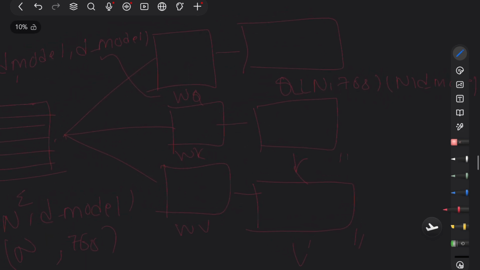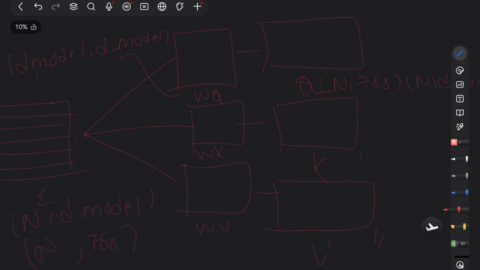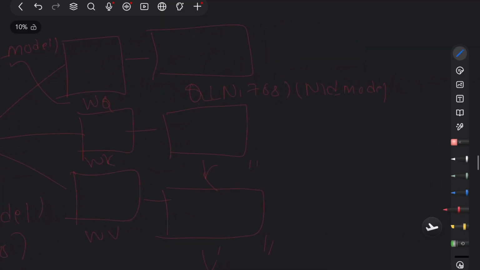So what we do in this multi-head attention is that we break this query, key and value vectors column wise into H heads. Do you understand?